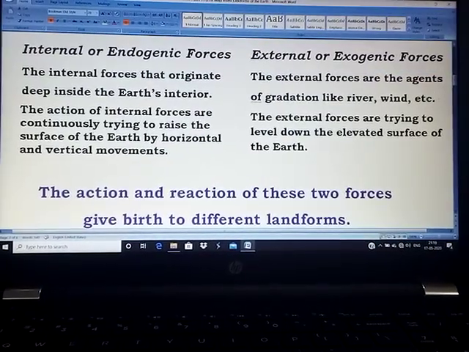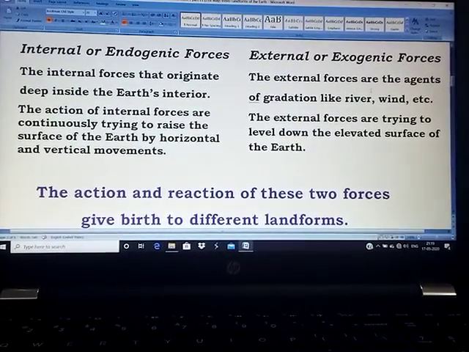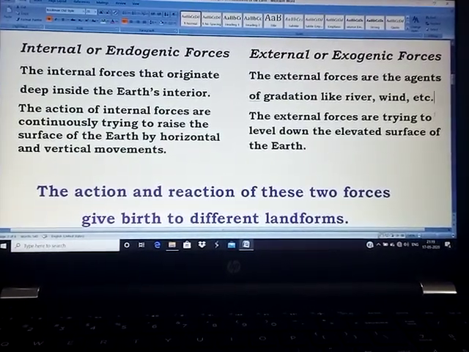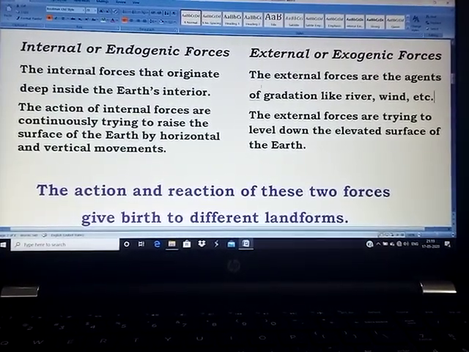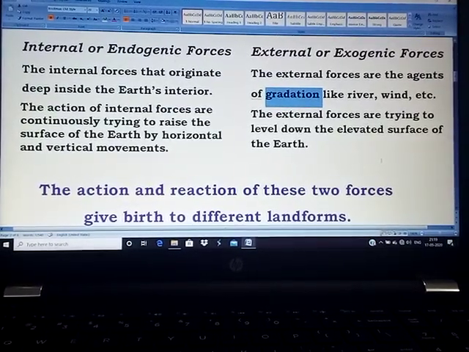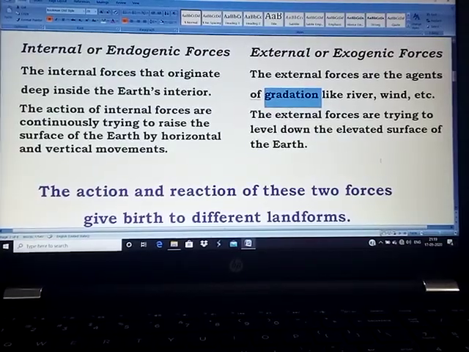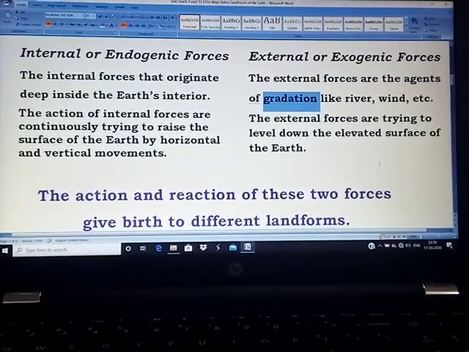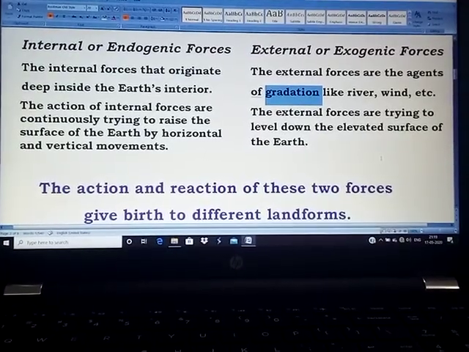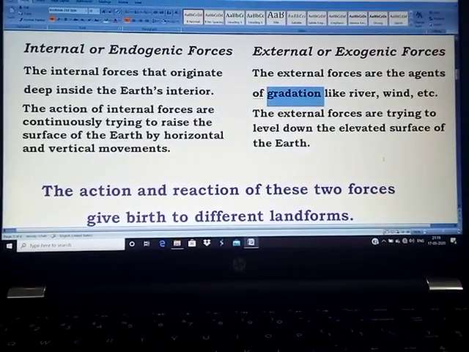Just the opposite, the external or exogenic forces. What are these? These external forces are the agents of gradation, like river and wind. Now the word gradation means the process in which a land surface either gets raised or gets leveled or goes down.